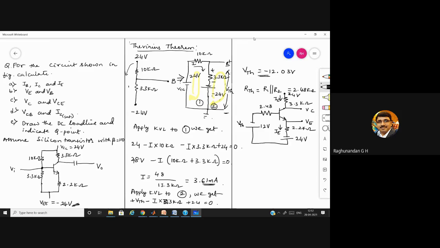So now if I apply KVL to this loop, what will I be getting? The current IB we can get. So apply the KVL to this input loop.